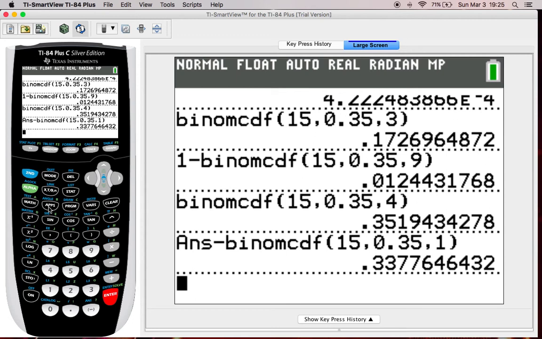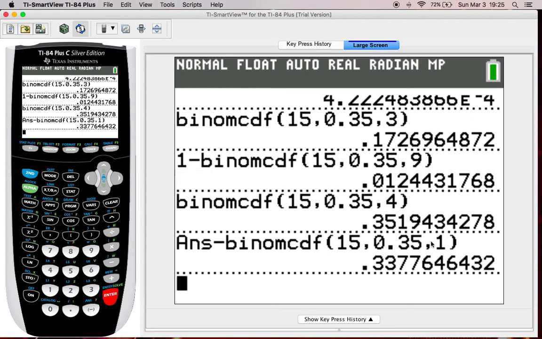So there are two added complications when we are doing this in our calculator. If we are doing a greater than or equal to problem, we have to use the complement rule as we did up here. If we are doing an in between two values problem, we need to take everything less than or equal to the larger value and subtract everything less than or equal to 1 less than the lower value.